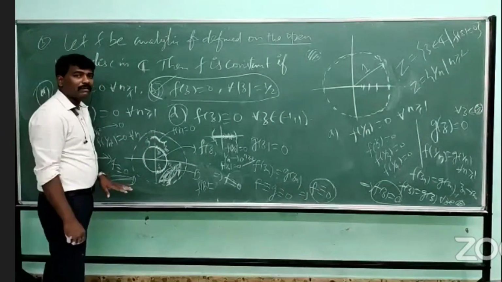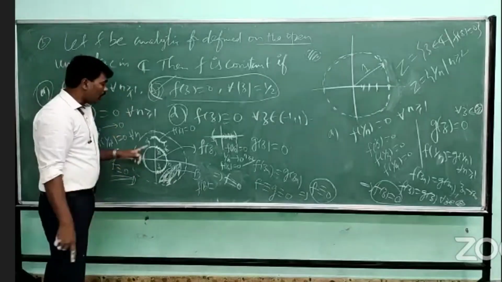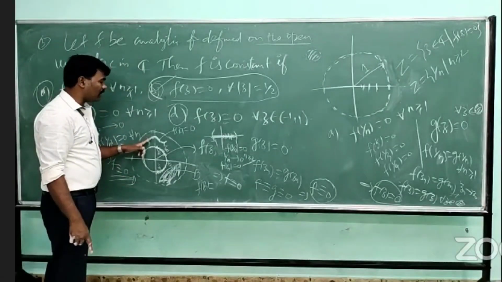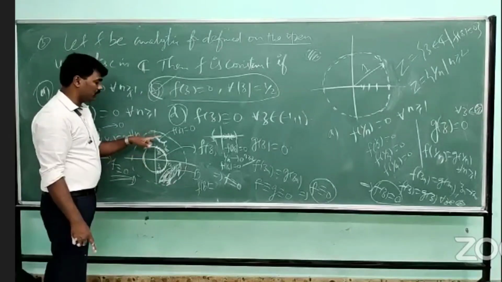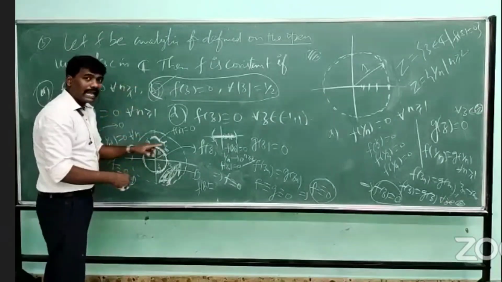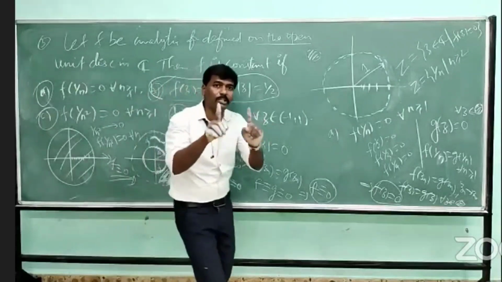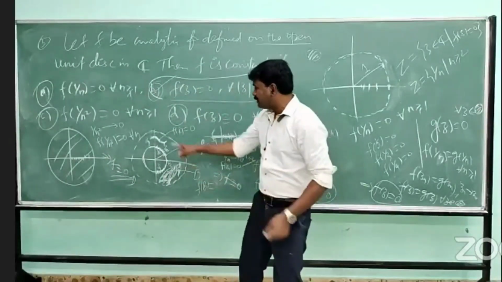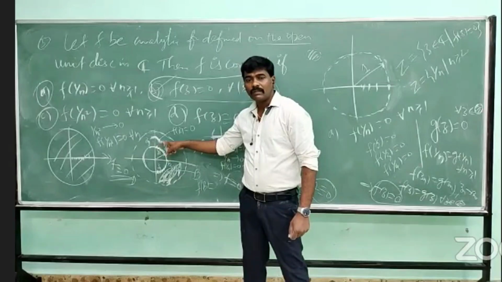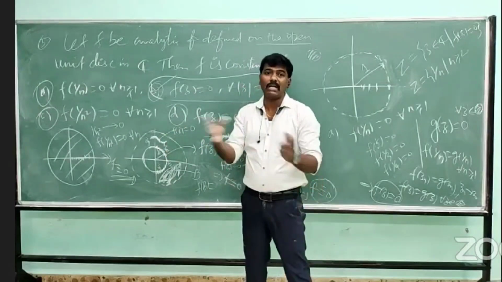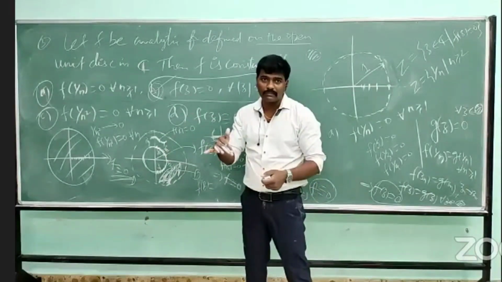By the uniqueness theorem, I have a sequence Zn which converges to the point Z0. I am able to construct a sequence converging to a point. Why? This is an uncountable set. Before also, I wrote that any uncountable set has a limit point.